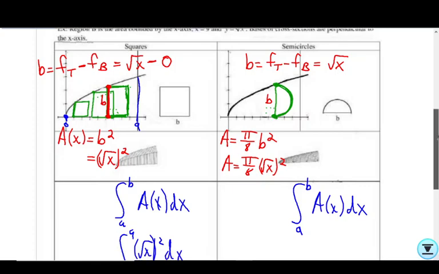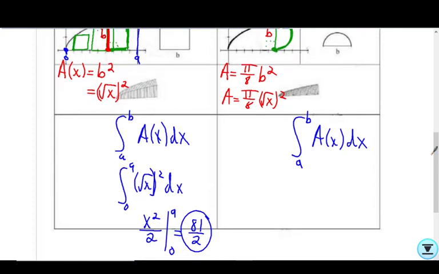And again, we just plug in and go. So again, it's going to be from 0 to 9. The area is pi over 8 times the square root of x squared dx.